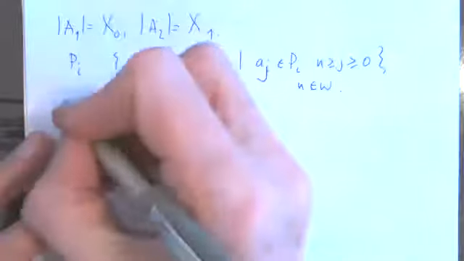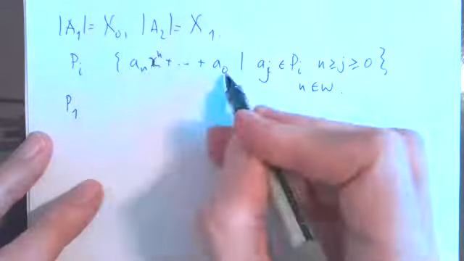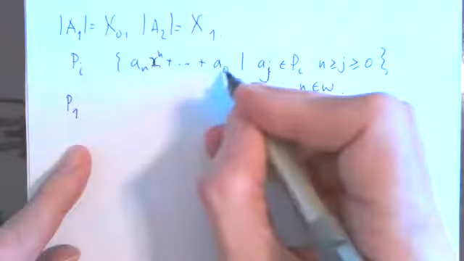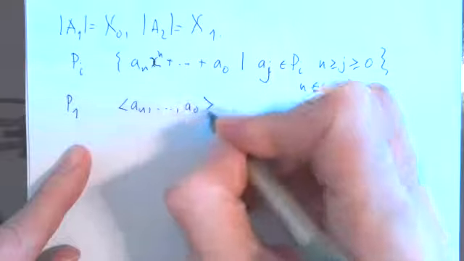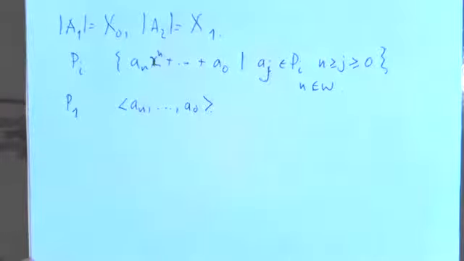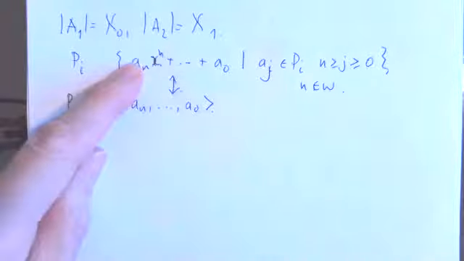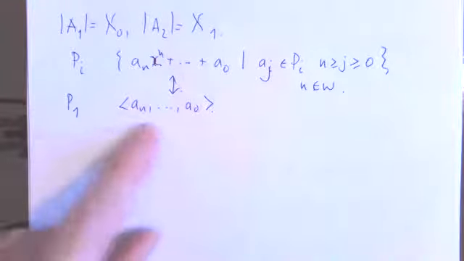So when we look at P1 here, a typical entry into P1 is a polynomial, but really all that the polynomial depends on is this sequence here. So each sequence here corresponds to such a polynomial and vice versa. So the number of polynomials is really just the number of finite tuples from the coefficient set.